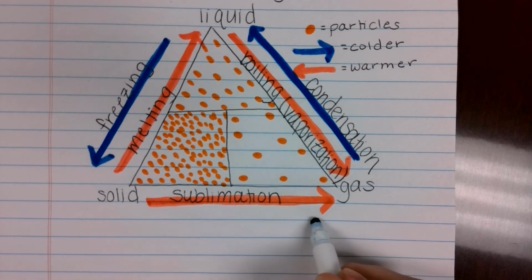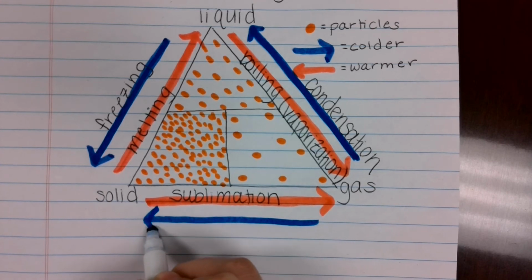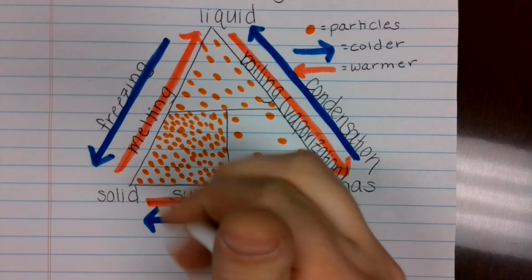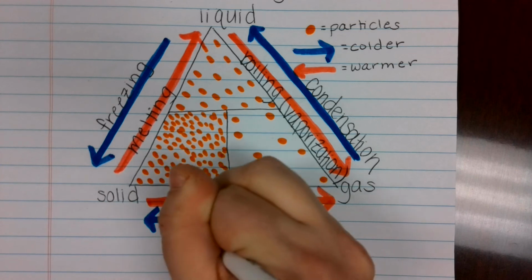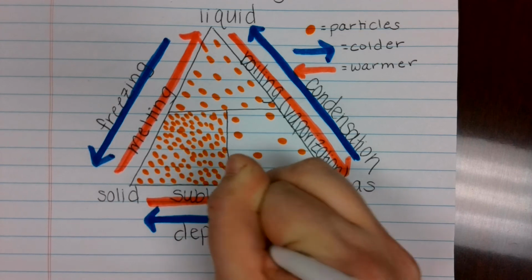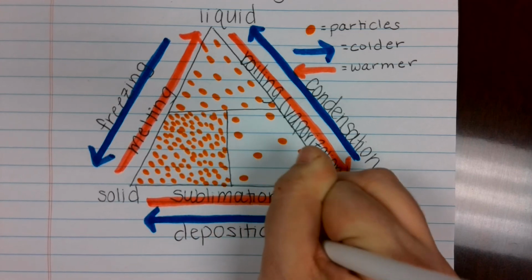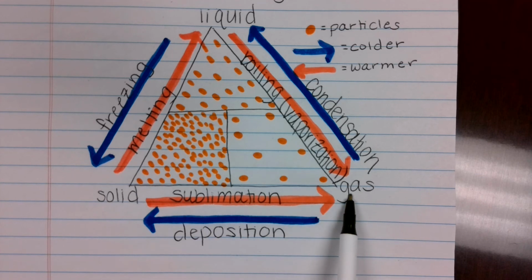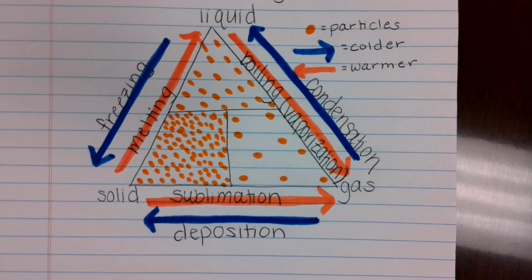However, if we go from a gas down to a solid, this is called deposition. And an example of deposition is like in the wintertime when your windows ice over on your car. That is because the water vapor in the air freezes so fast it goes immediately from a gas to a solid.